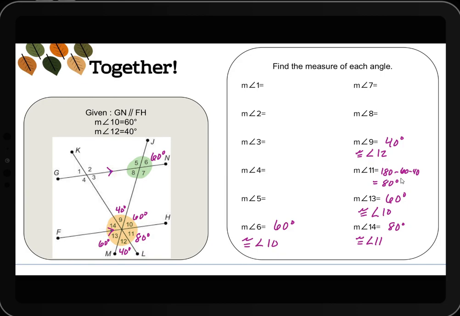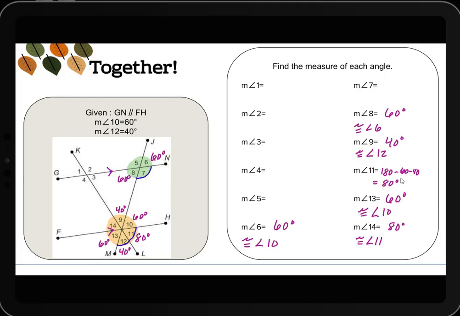Angle 8 is congruent to angle 6 because it's vertical. And so we know that's 60 degrees. There's two things you can do. If you look at 7, for example, 7 corresponds with all of this. That's 40 and 80 combined.